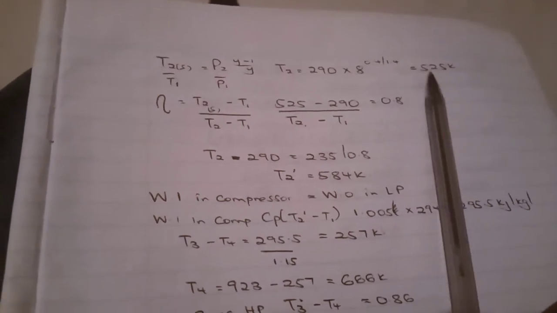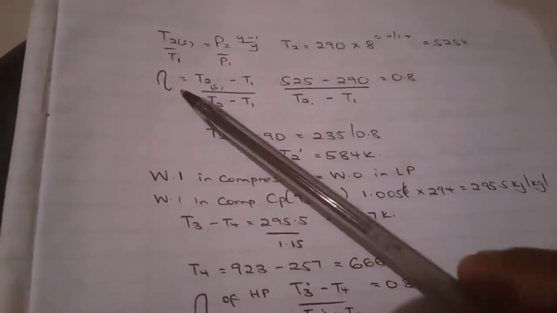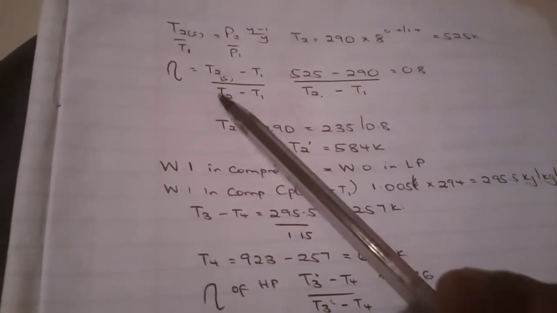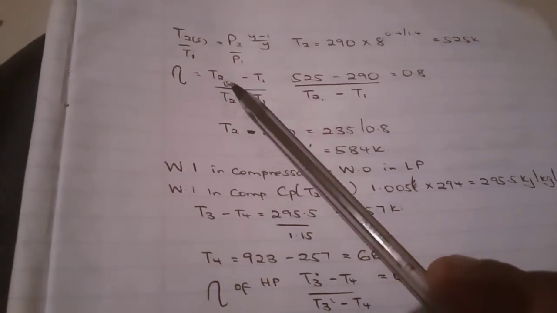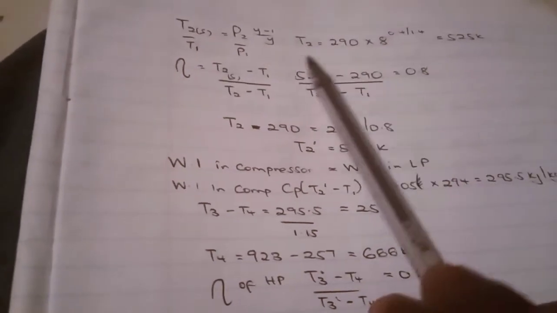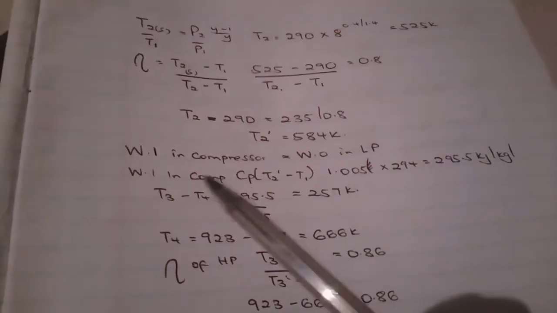You get T2 is 525 Kelvin. To get T2 prime, which is slightly higher than T2, use the efficiency: T2 minus T1 over T2 prime minus T1. After evaluating, you get that T2 prime is 584 Kelvin.